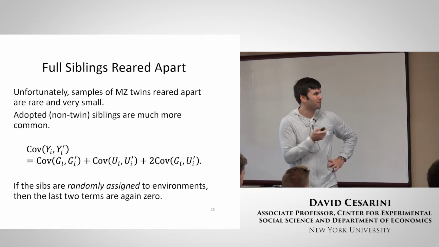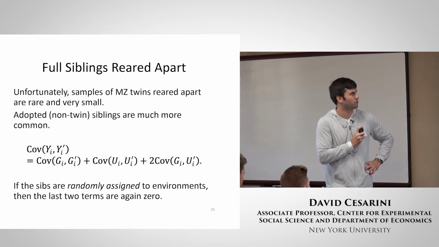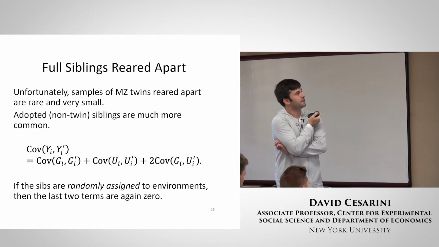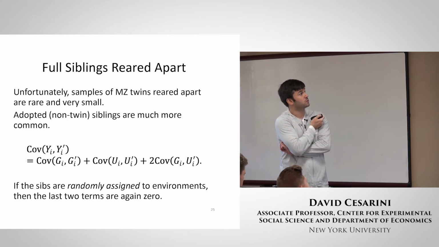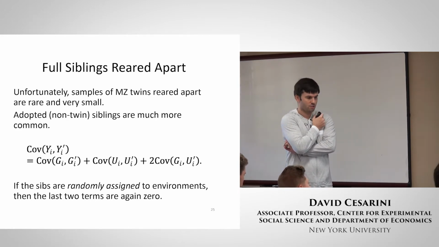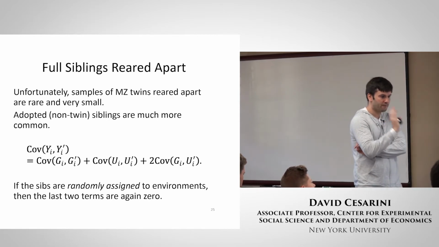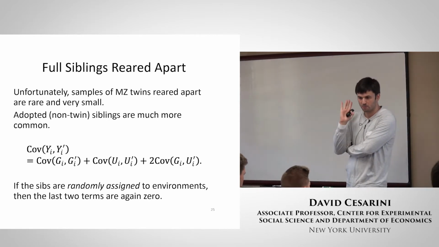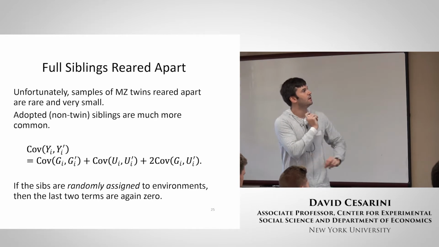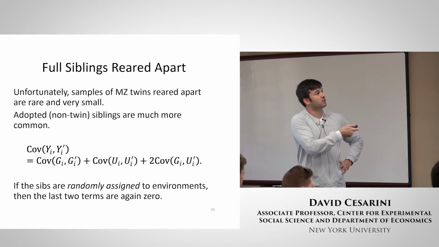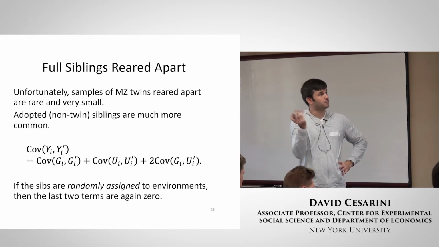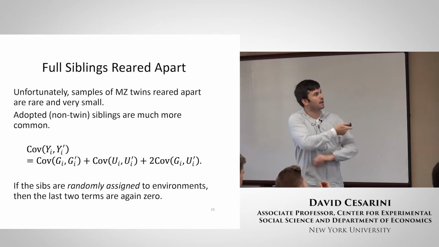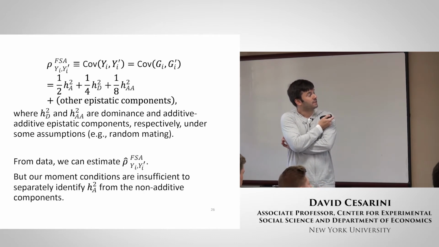Which moment condition you end up with, of course, depends on what your thought experiment is. So let's take the example of siblings who are reared apart. We're repeating the thought experiment of the monozygotic twins, but with full siblings instead. What would we get? Well, by the assumption of random assignment to households, the last two terms vanish, and any observed resemblance is due to the covariance of their G terms.